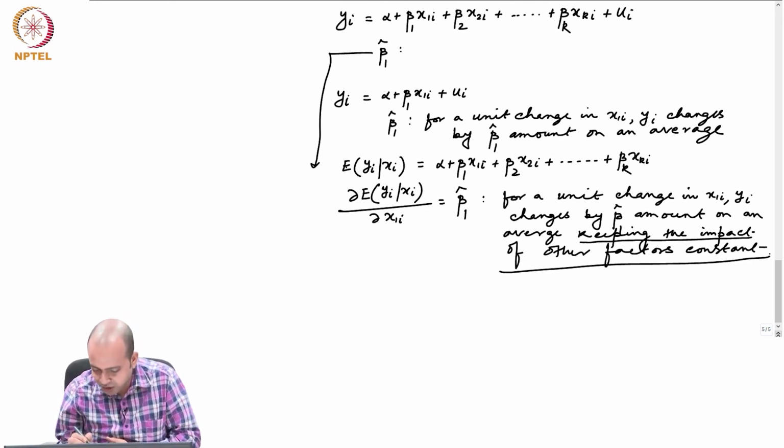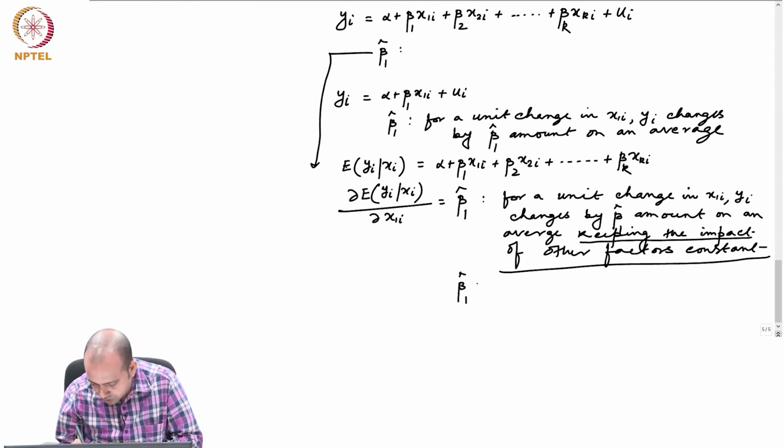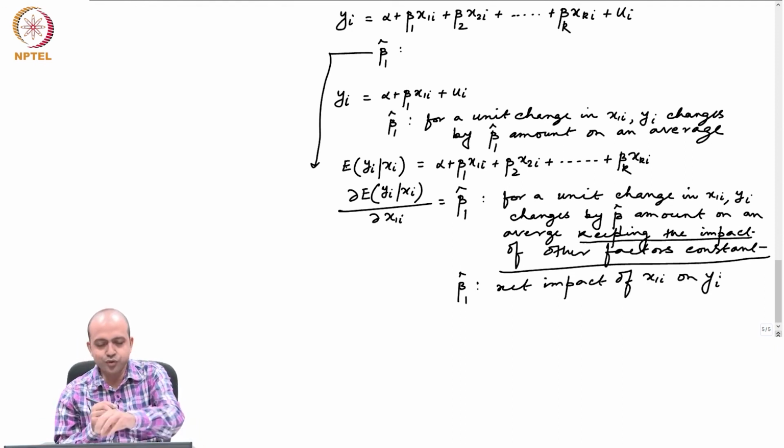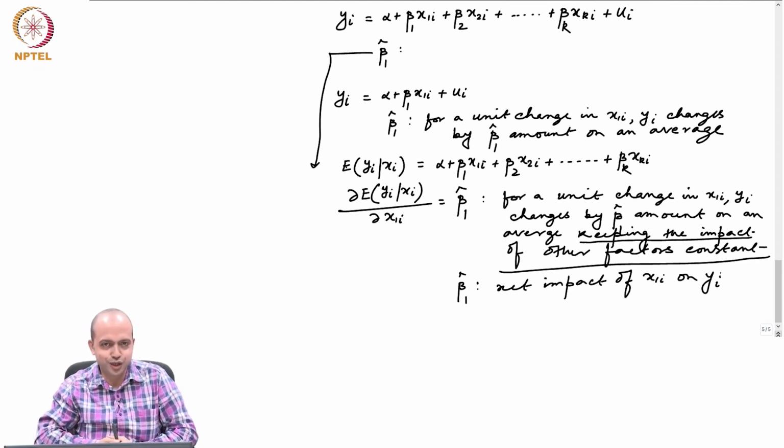So, beta 1 hat we can say alternatively in this context is the net impact of x1i on yi. When you have a two variable linear regression model, the concept of net impact does not arise because you have only one variable.